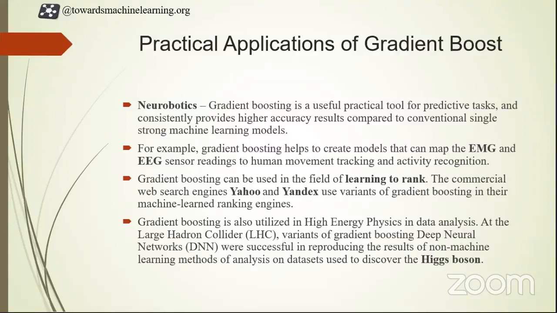Let me tell you that the Higgs boson is an elementary particle in the standard model of particle physics, produced by the quantum excitation of the Higgs field. This is related to physics, and it's really very important in high energy physics in data analysis. These are some of the practical applications of gradient boost.